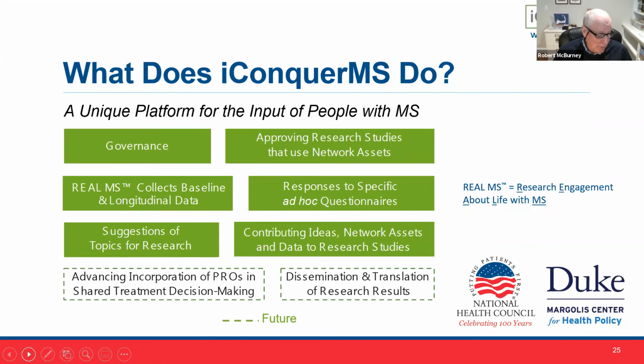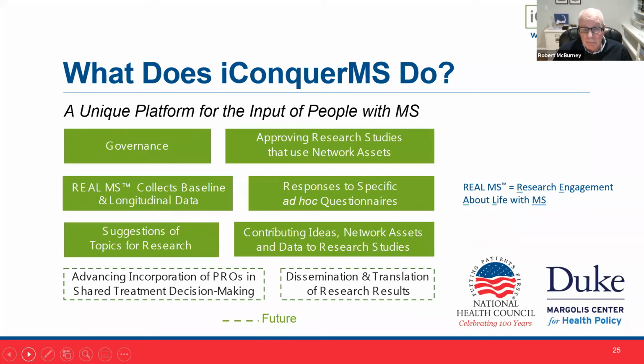And also a minority engagement task force, because one of the things found fairly universally across registries is that the representation of underrepresented minorities is not up to the true representation in the prevalence of the particular disease. And so we have a focus in that area as well.